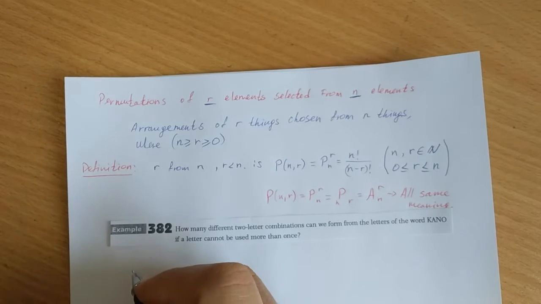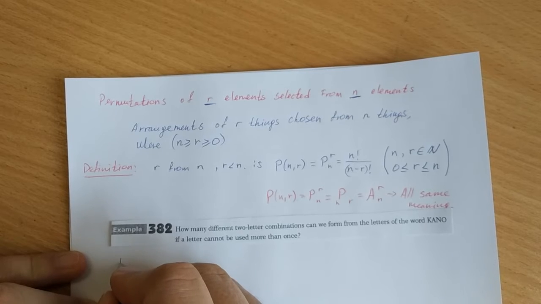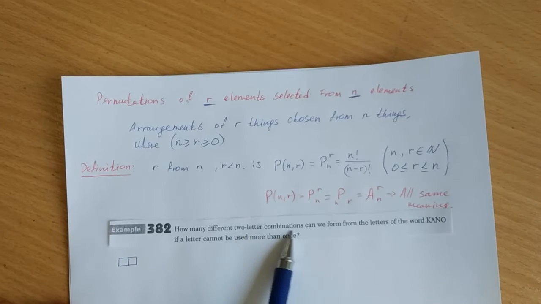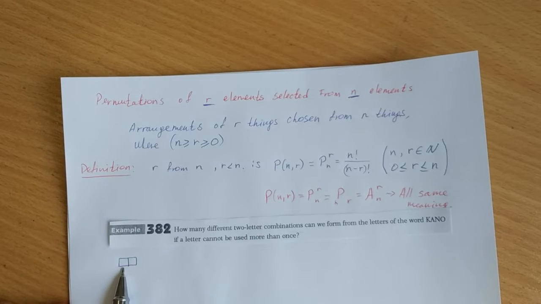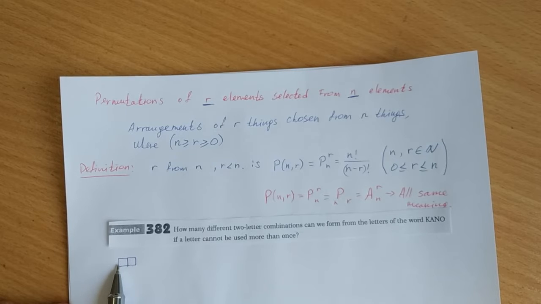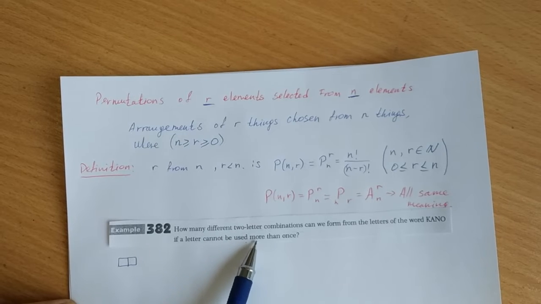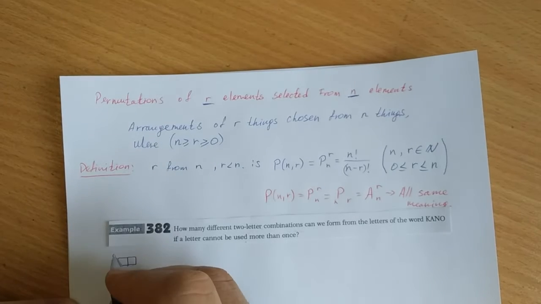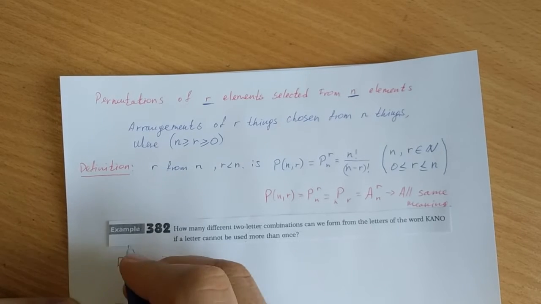So we need to make two-letter words, or combinations, first and second. They can be KA, AN, ON, NO, and so on, but not the same letter twice. We cannot use a letter more than once. For example, AA or KK, we cannot use this kind of thing. Now, let me show it using 3 ways, which we learned before.